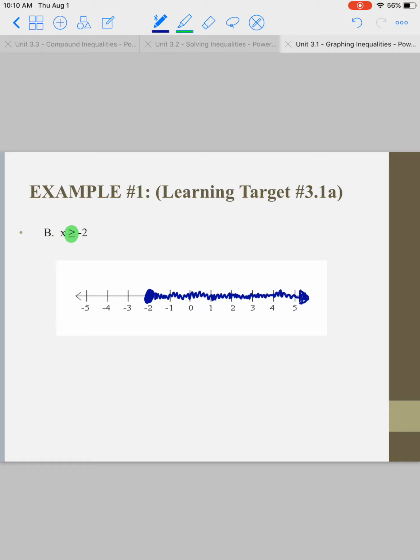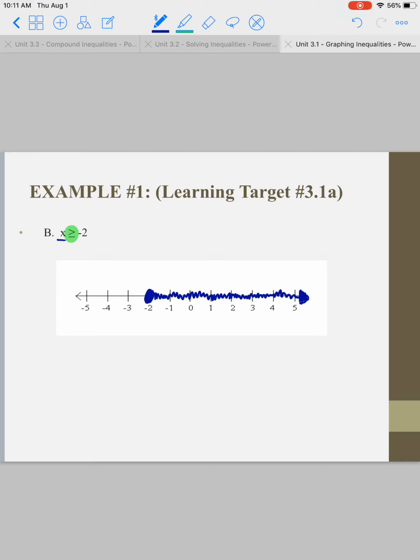That variable has to be on the left-hand side if that's the way you're going to think about it, which is the way that I do, and that's the way we're teaching you to do it. Get your variable on the left-hand side, which it is. We can just follow that direction of our inequality sign. We'll look at examples shortly where you're going to have to flip some things around, and we will discuss that.